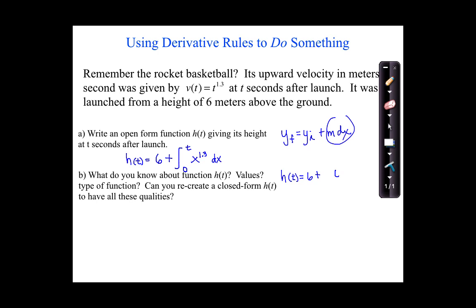So something with a t to the 2.3 power, and maybe if you think of, oh, what if I took the derivative of this? Would it turn into that? Not quite, but at least the 6 would go away. So that's fine. But I need some sort of coefficient on this t to the 2.3 so that when I take the derivative of this, it ends up to be simply t to the 1.3. Can you think of what the coefficient would be in any form that we need? Yeah.